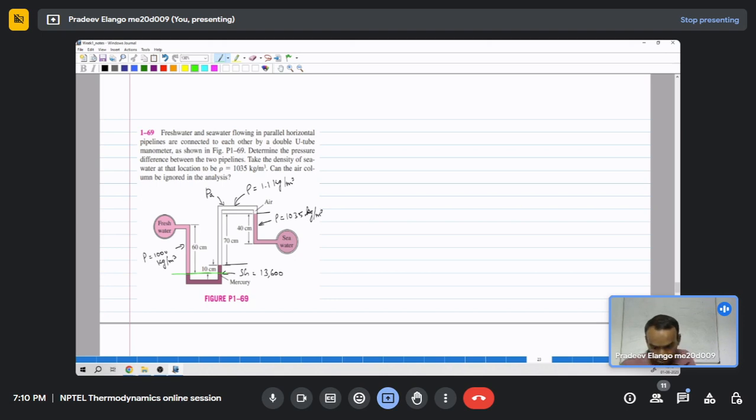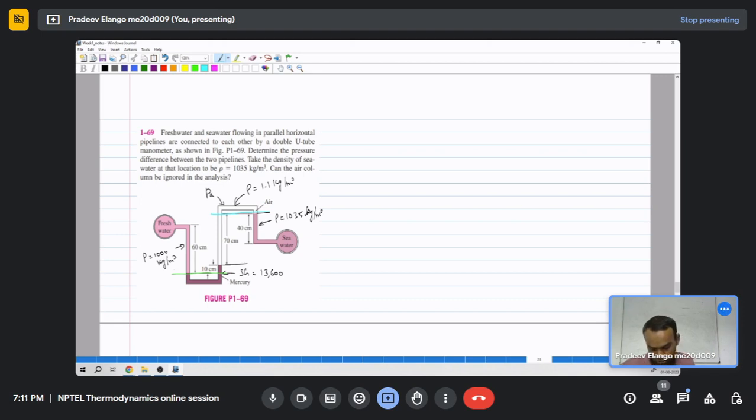And then next we have to consider this as the datum, and then calculate that.